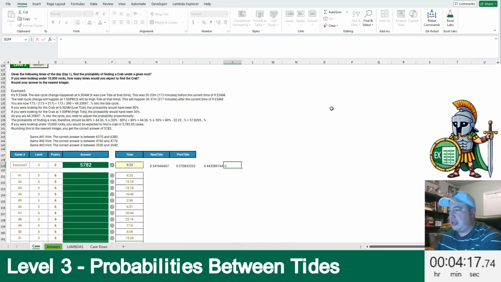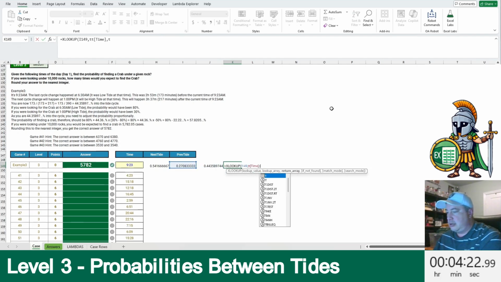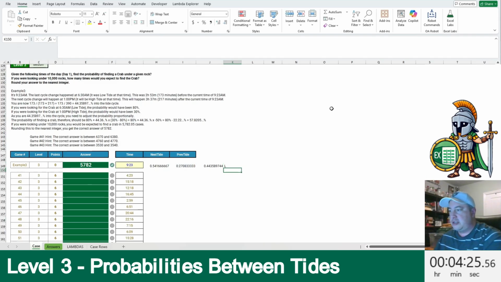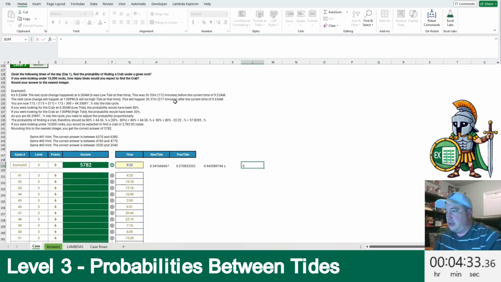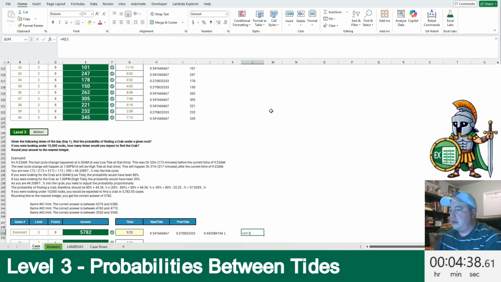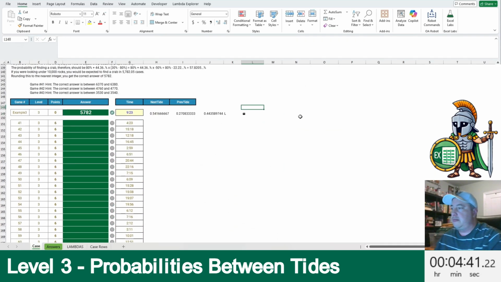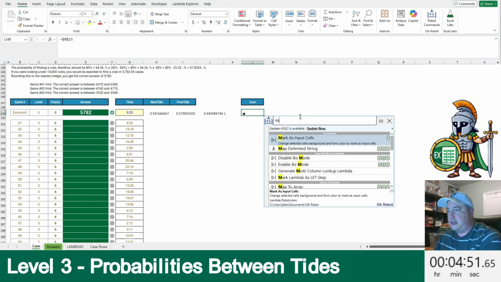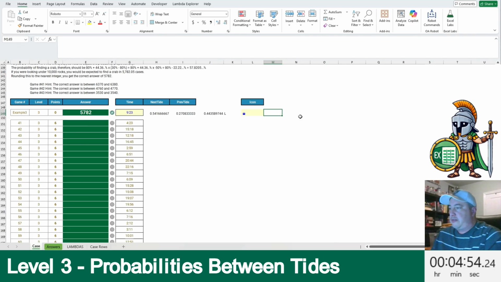So I'll say let's look up the previous tide and give me an L or an H. So then I think this whole question is just dealing with crabs only. So equals the crab icon. And oops. This is going to be icon because we're going to use this in the future for our lambda.